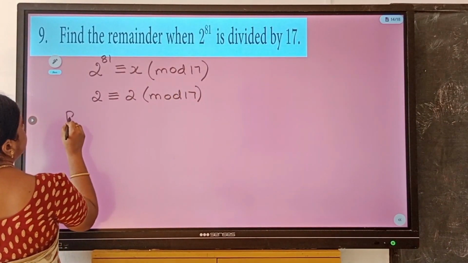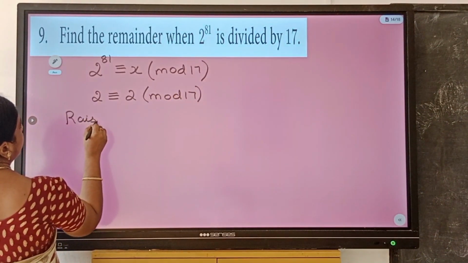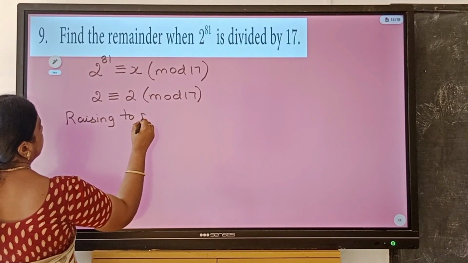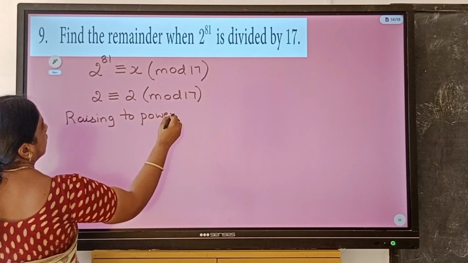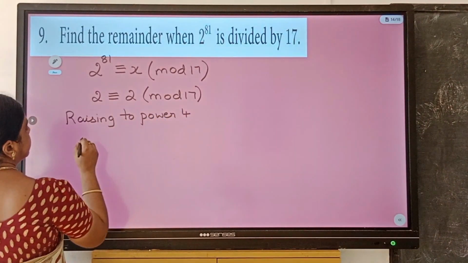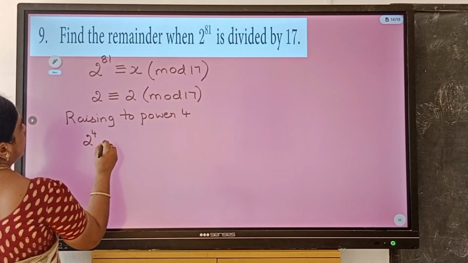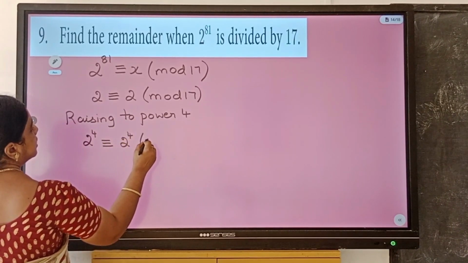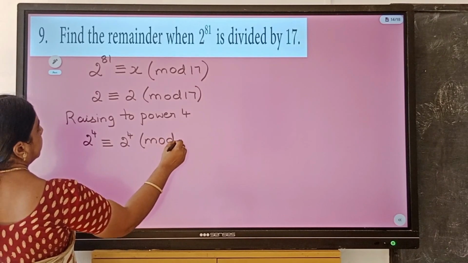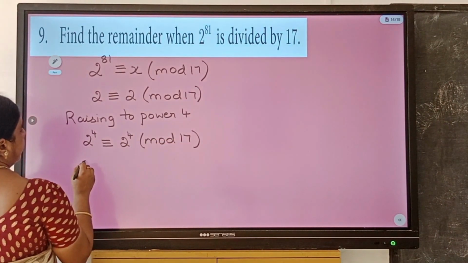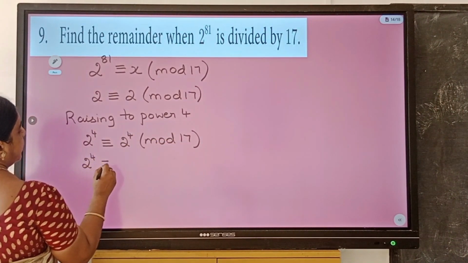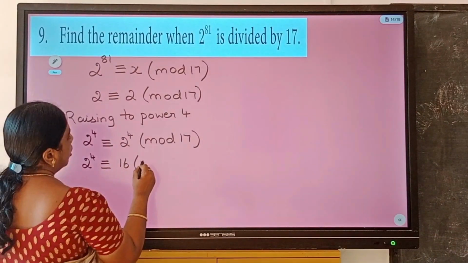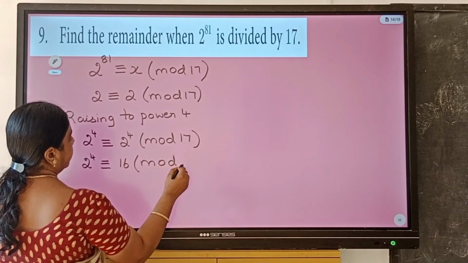When I am raising this to the power 4 on both sides, 2 power 4 is congruent to 2 power 4 mod 17. We can even write it as 2 power 4 is congruent to 16 mod 17.